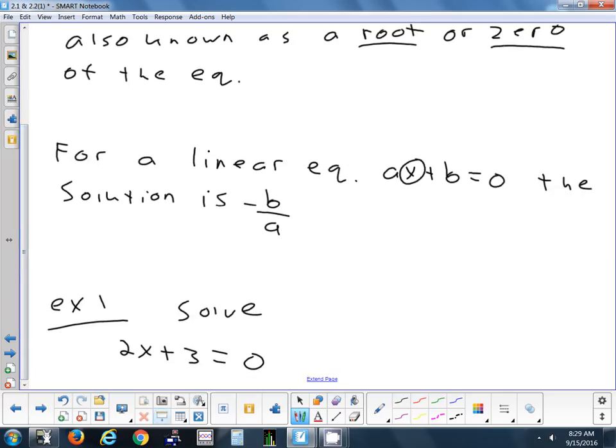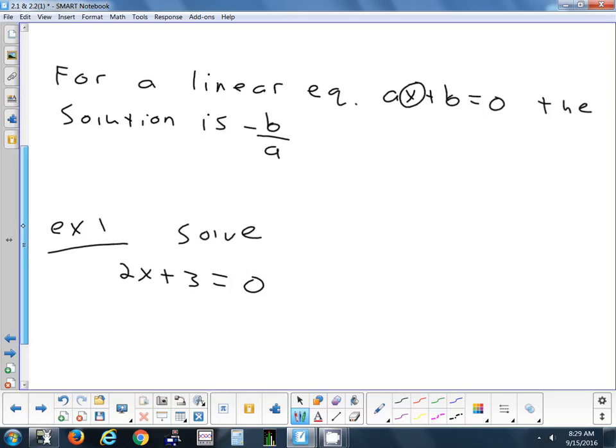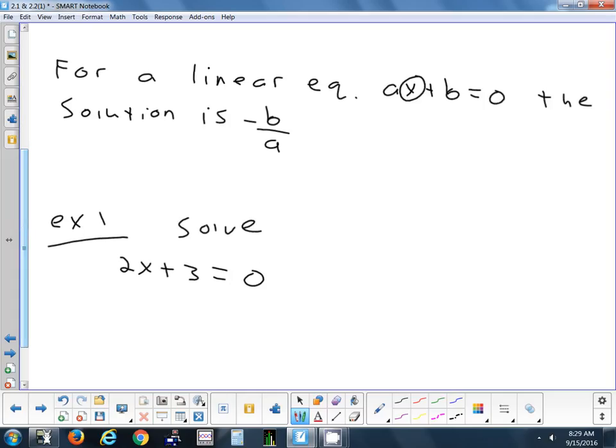All right, so what would be the root or the 0 of this equation? 2x plus 3 equals 0. You see the formula up above?